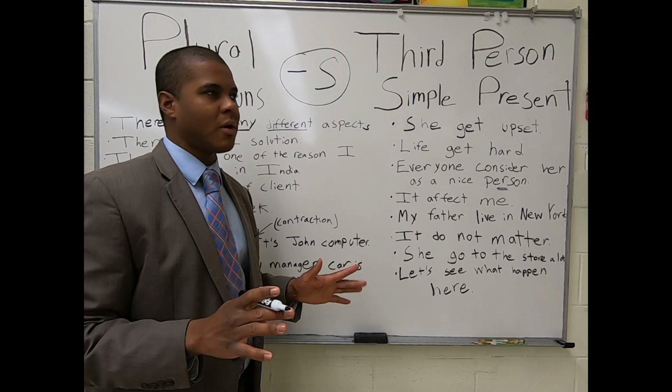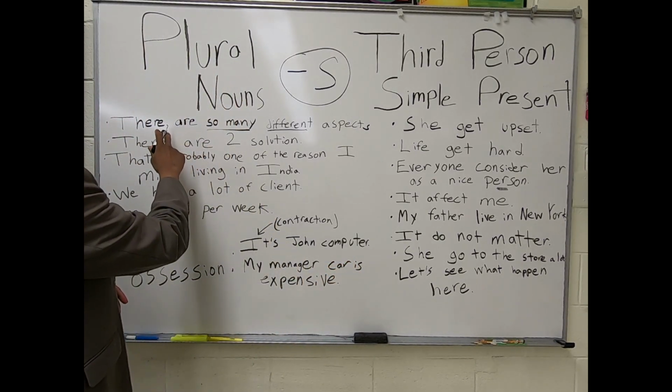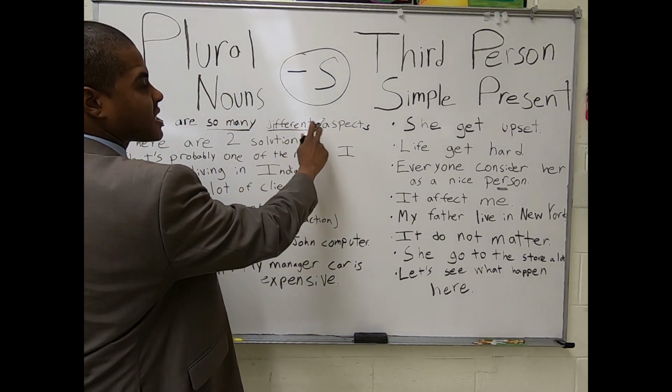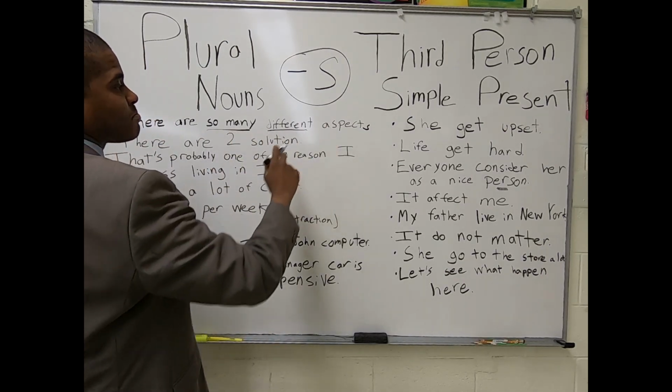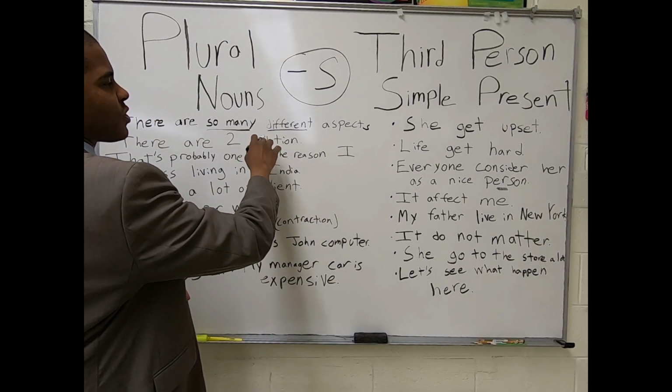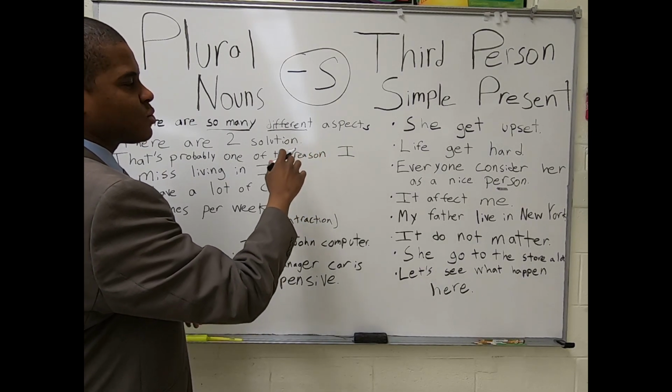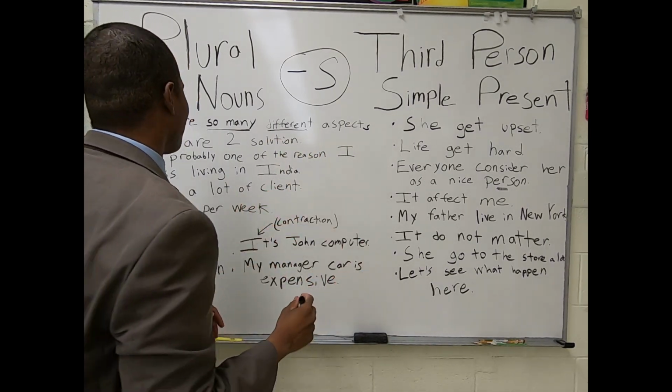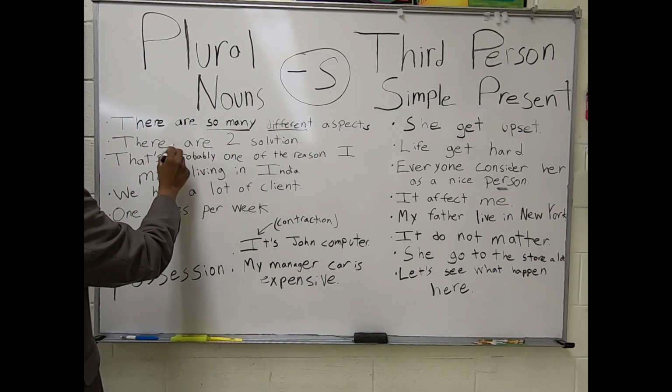Even if you cut out so many, you say there are different aspects, not different aspect. Because we use the word different, there has to be more than one aspect.